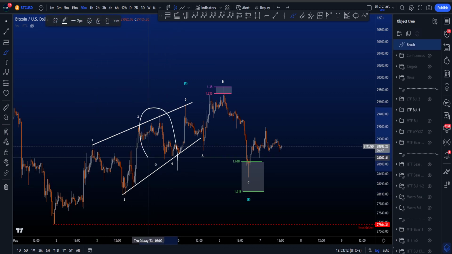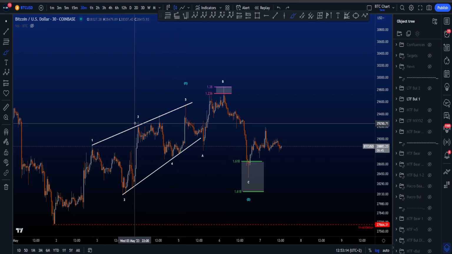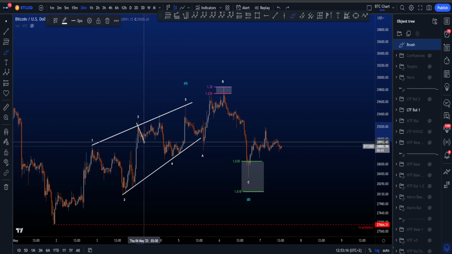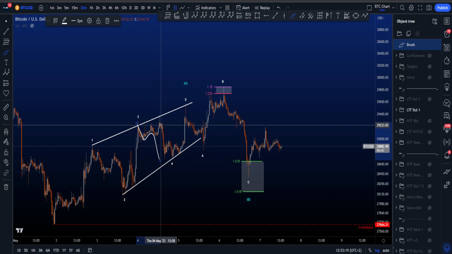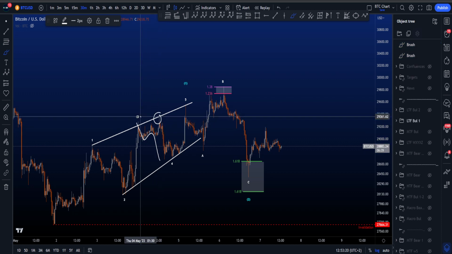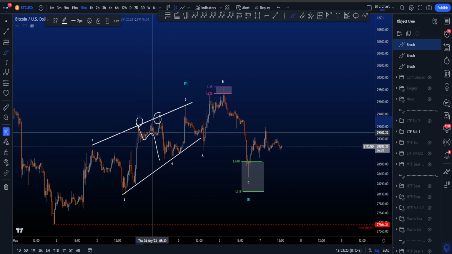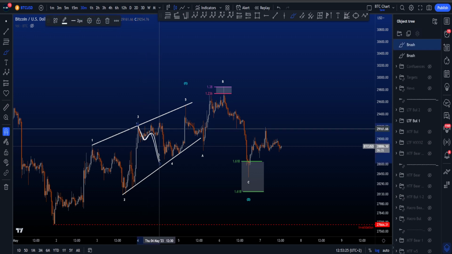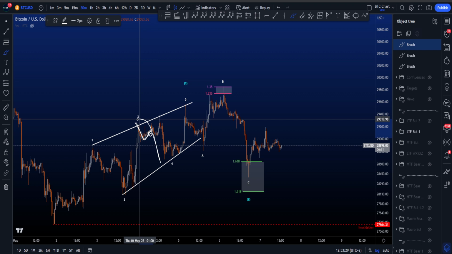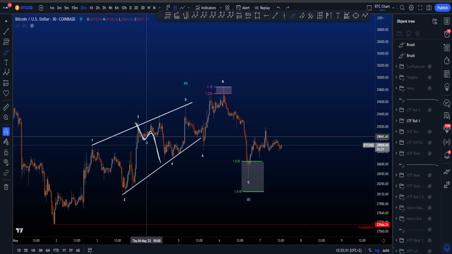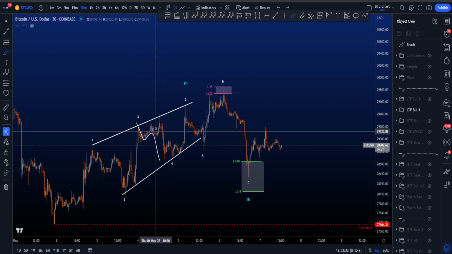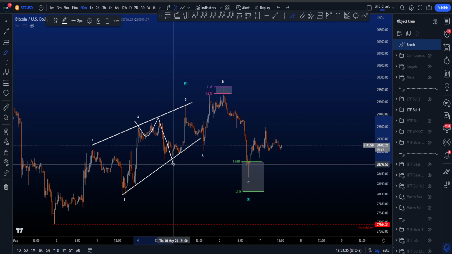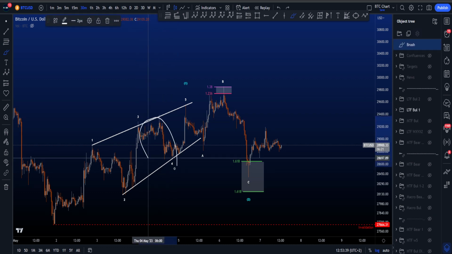This wave 4, however, should be a wave A, B, C. However, we took the highs of wave 3, which is not allowed in a zigzag, because it is a 5-3-5 structure, where if this is an A, B, C, wave B is not allowed to take the high of the origin of A. But that is exactly what happened. So therefore you're thinking about an expanding flat, but an expanding flat in a leading diagonal is not allowed in wave 4.